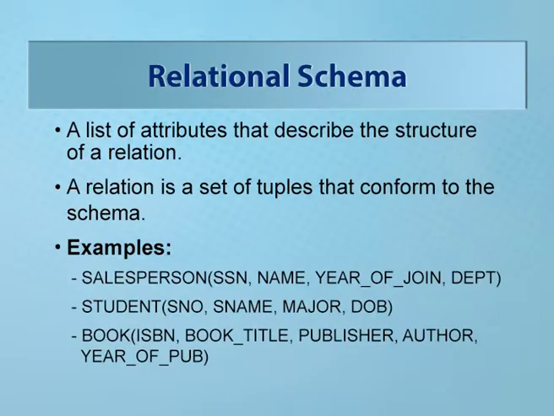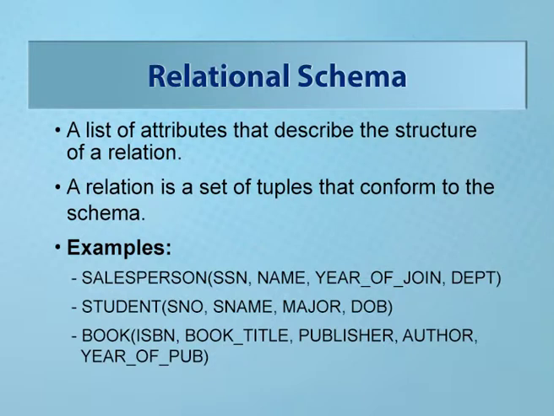For example, here I had selected salesperson as the relation name, and social security number, name, year of join and department as the attributes or column names. So this relation we can represent in the form of a table, where salesperson will become the table name, and SSN, name, year of join and department will become the columns in the table.